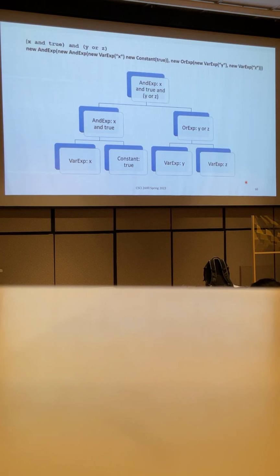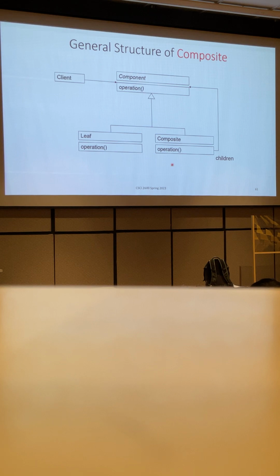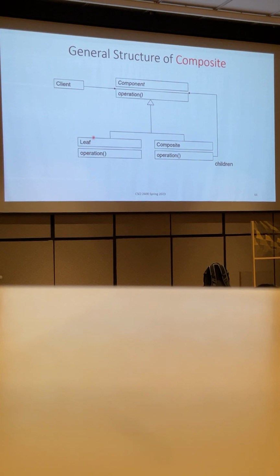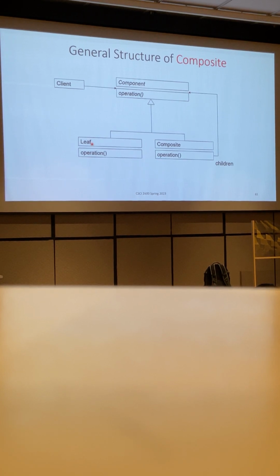Because here, composites have this association link with another component. Composites have other components. Leaves do not have this link back to the component. So a leaf object does not include other components. Does that make sense?